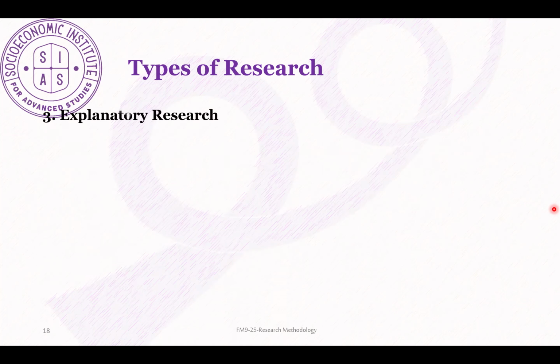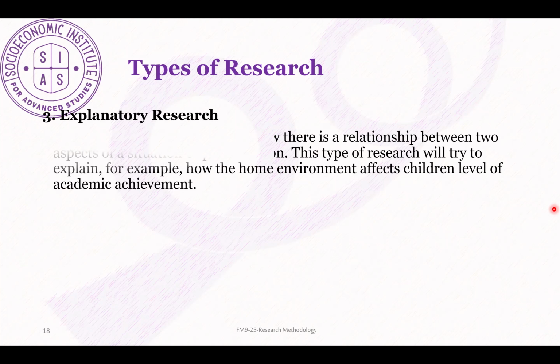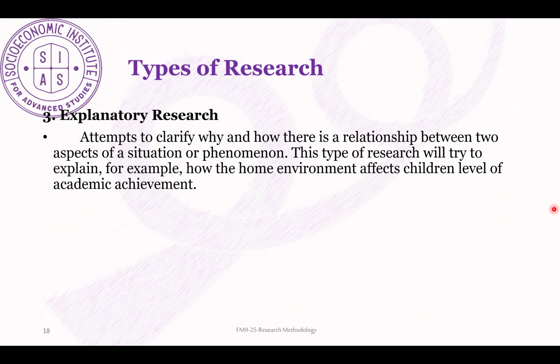The other type of research is the explanatory research. Here we are focusing on the attempt to clarify why and how there is a relation between two aspects of a situation or a phenomenon. This type of research will try to explain, for example, how the home environment affects children's level of academic achievement.